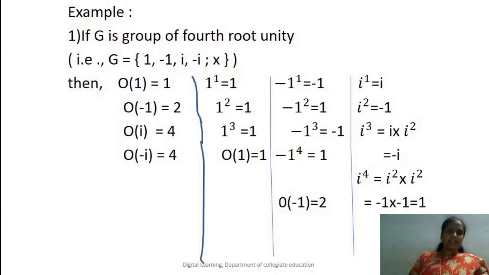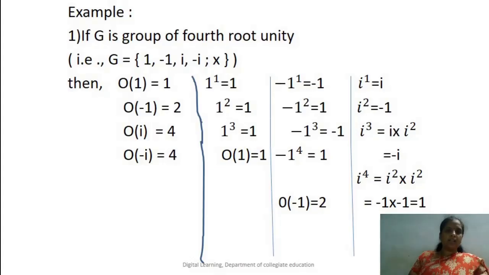For example, if G is the group of fourth roots of unity, the elements are 1, -1, i and -i under the operation multiplication.